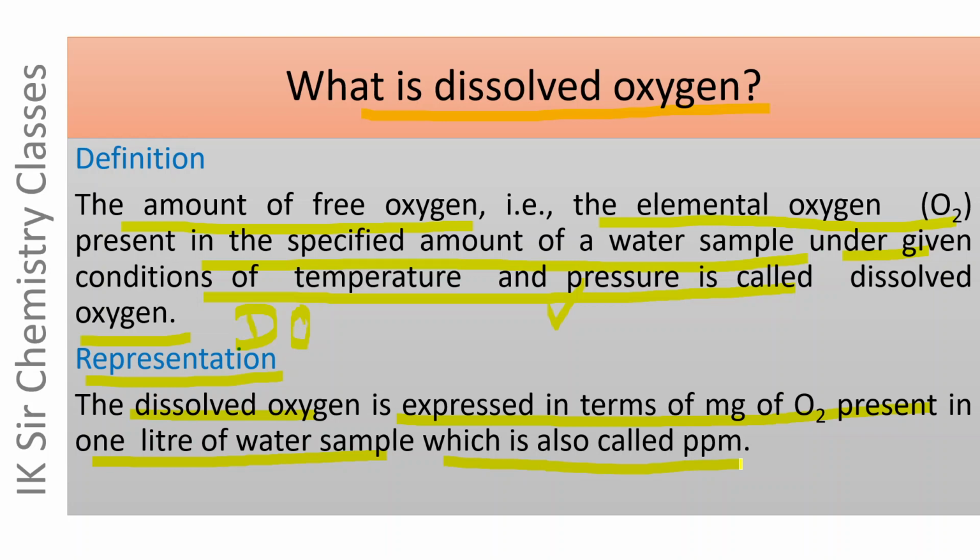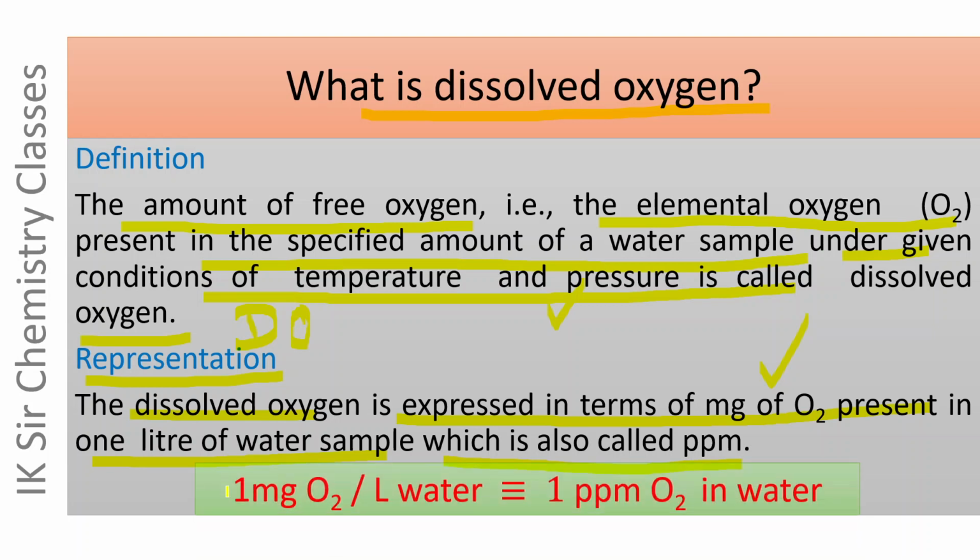The dissolved oxygen in a given water sample is expressed in terms of milligram of O2 present in 1 liter of the water sample, and 1 milligram O2 per liter of the water sample is equivalent to 1 ppm, 1 part per million of O2 in the given water sample.